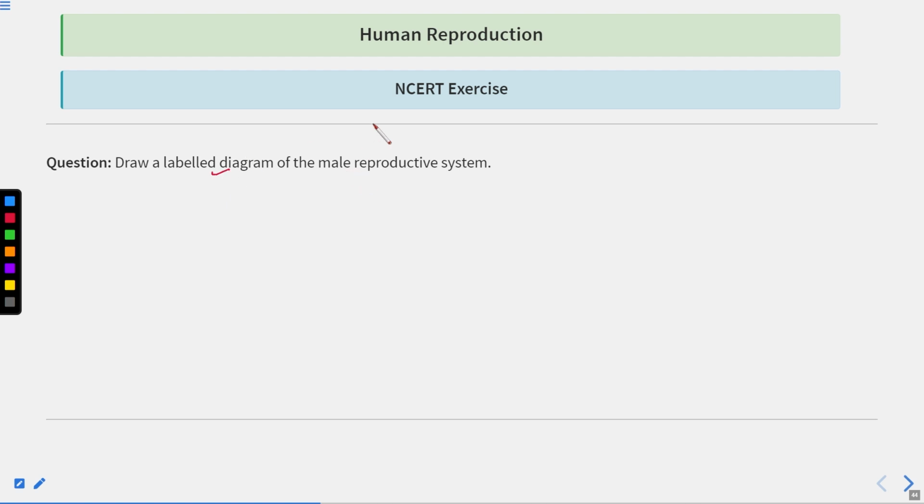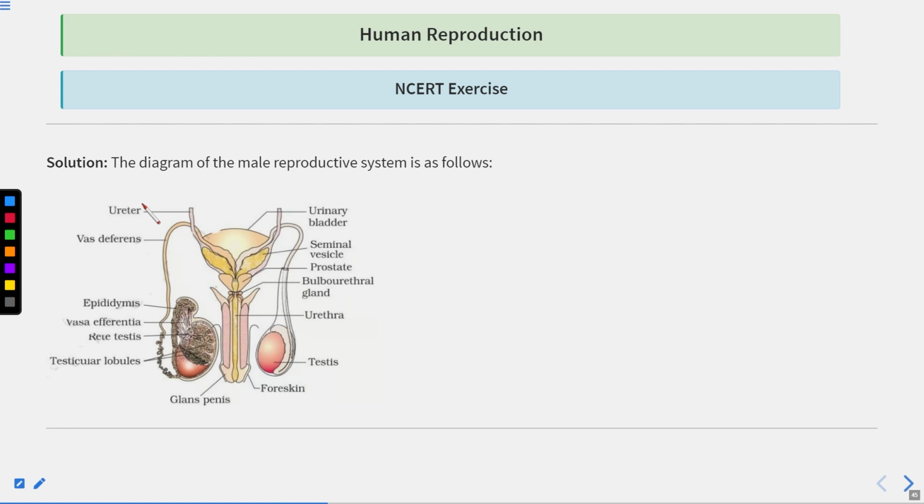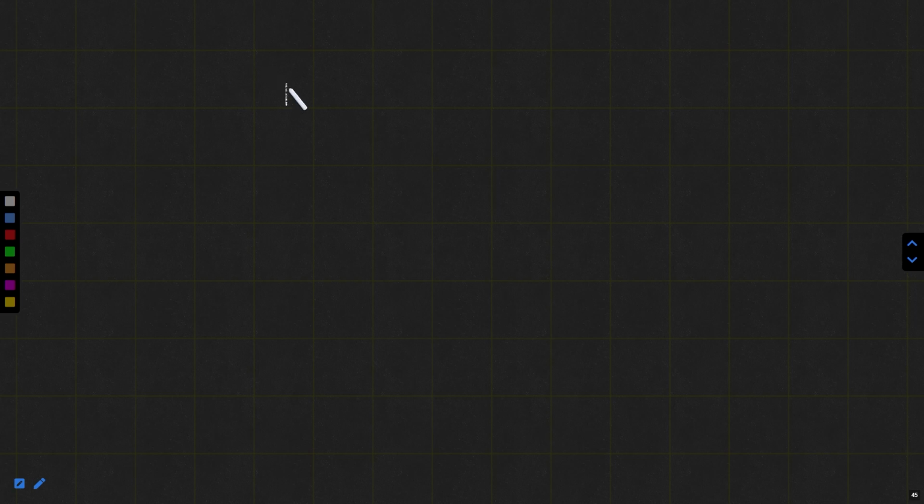Okay, so let's have a look at the answer here. So this is the diagram of the male reproductive system. Clear? So what were the parts of the male reproductive system?